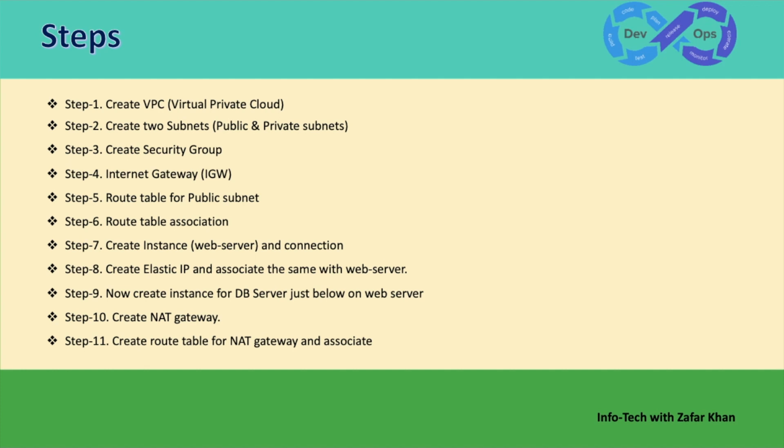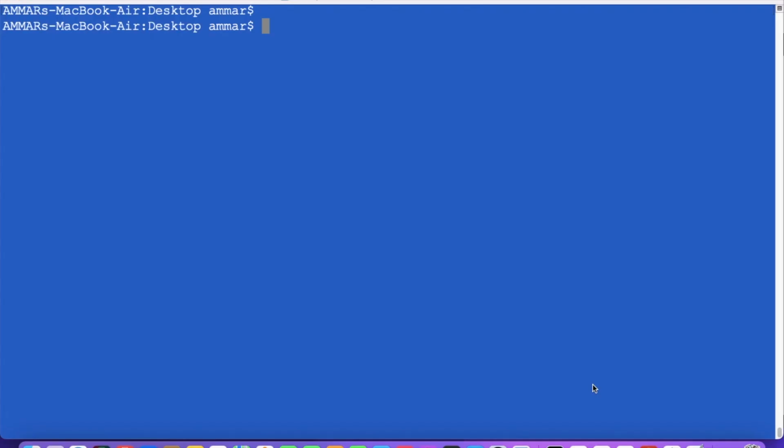Okay, so let's start off by creating a folder for our working directory and create files under this folder. First, I will make a folder for our working directory with the name terraform-project.